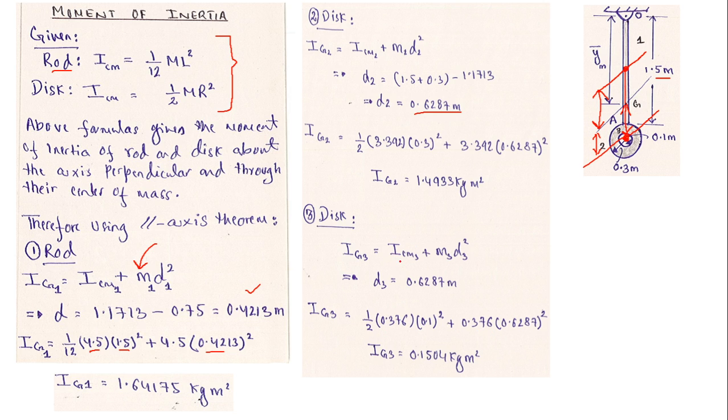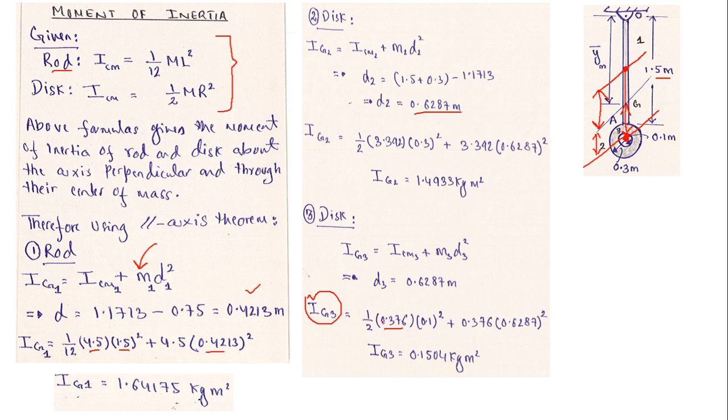So this ICM3 will be half the mass of this third disk times the radius of the third disk squared. So it is half of 0.376 into 0.1 squared. Please note that I am not using a negative sign here, because please remember that moment of inertia is never a negative number. Moment of inertia can never be negative.